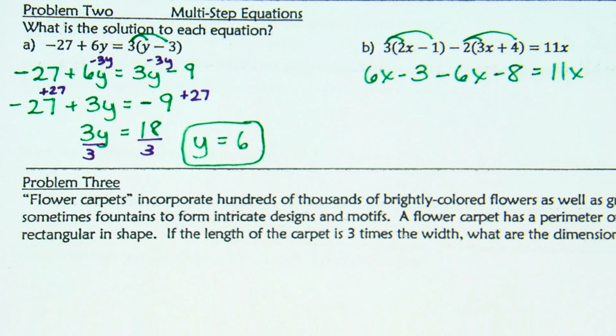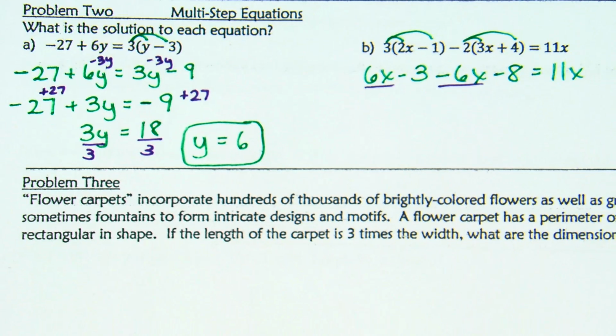If you start cleaning up terms on the left side, 6x minus 6x, those are going to cancel to be 0x, aren't they? Yes. Okay. And then we also have negative 3 and negative 8. What is negative 3 and negative 8? 2 negatives.